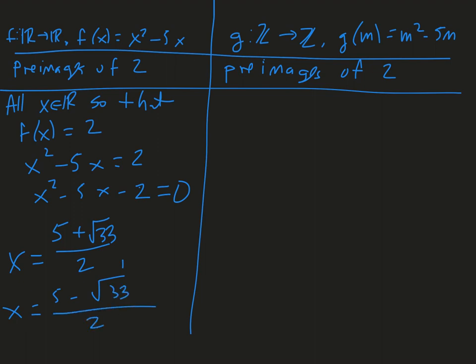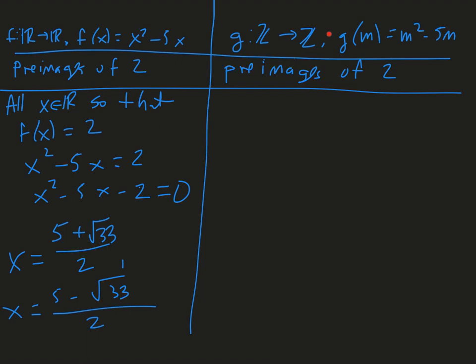Those are the two solutions to that quadratic equation. So those are the two preimages of 2 under this function. That is, if I plug in either one of these two real numbers into this function, the output is going to be 2. What happens if we try that over here?